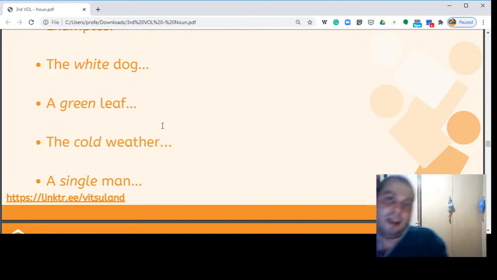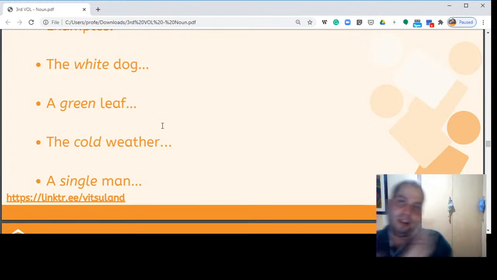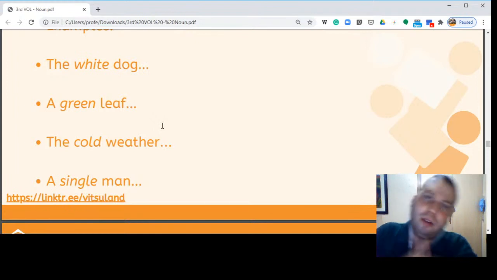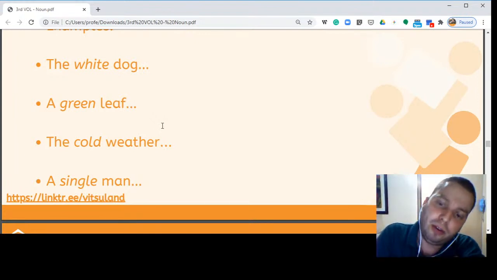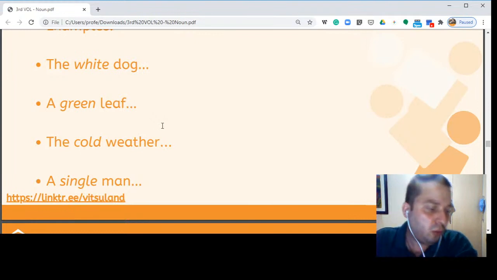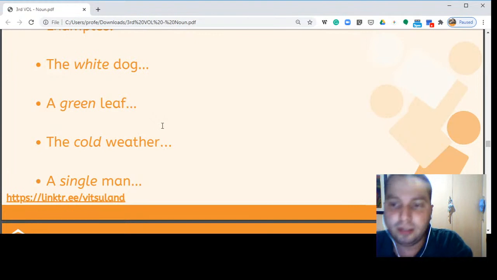This is the syntax, the order, the collocation. That's why I decided to start with an adjective and then a noun. So last week we talked about adjectives, and today we are talking about nouns and different types of nouns, all right? That's why I decided to follow the sequence.